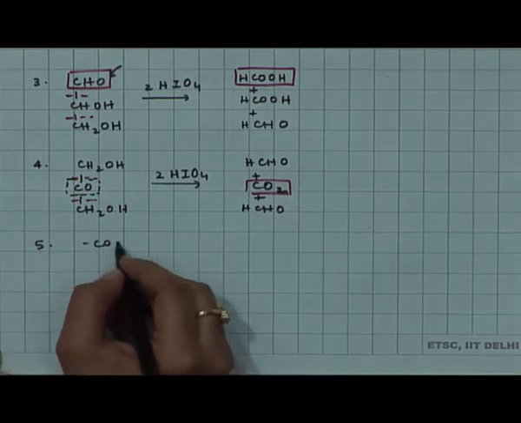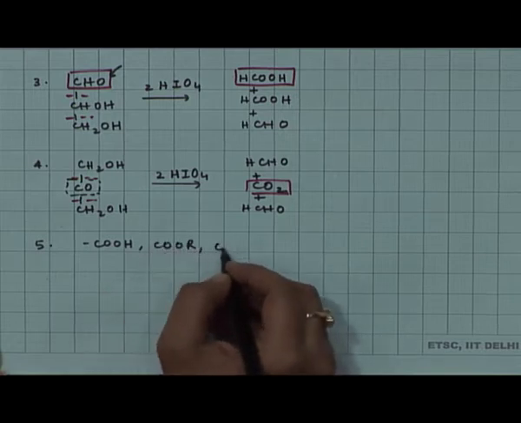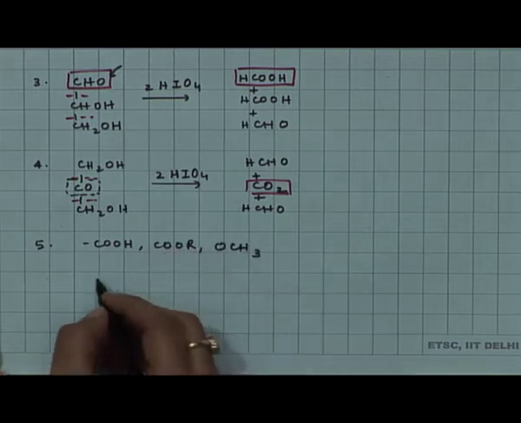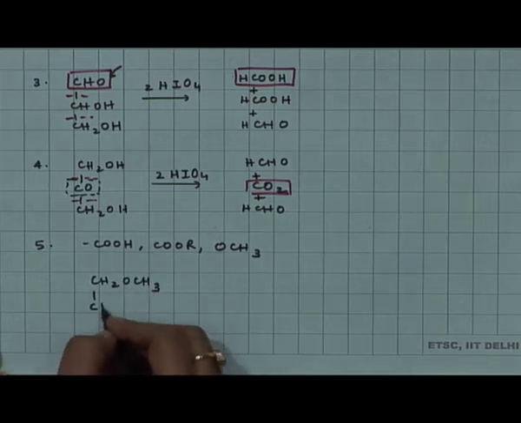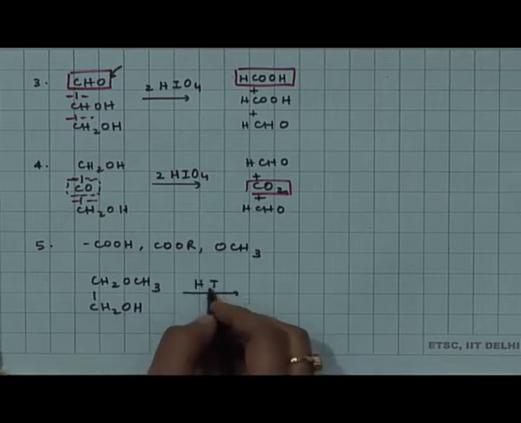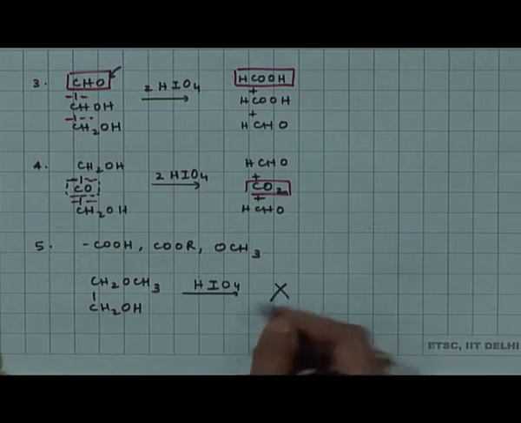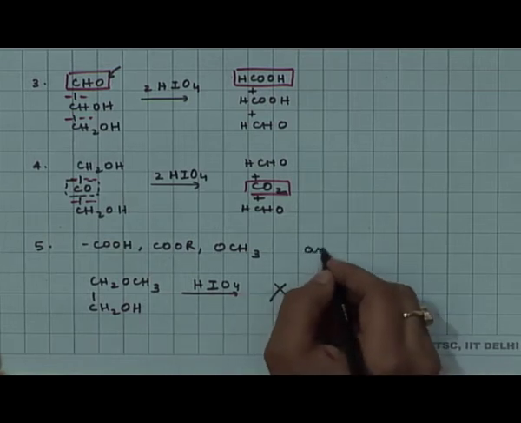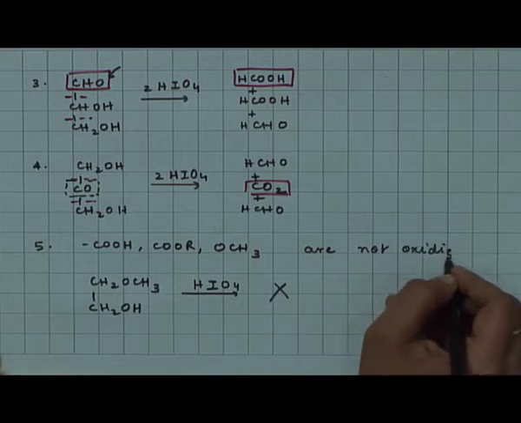If any carboxylic group, an ester group or a methoxy group for that matter is present next to the carbon bearing the hydroxyl functionality, and you carry out the periodic oxidation of this, the reaction does not happen. So, these compounds are not oxidized by HIO4.